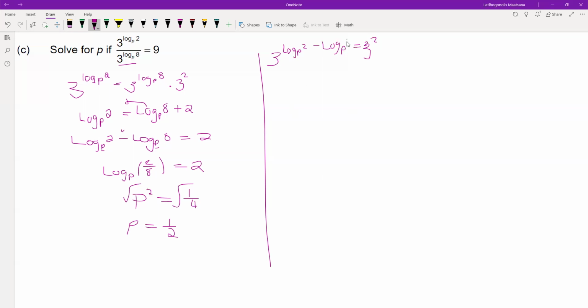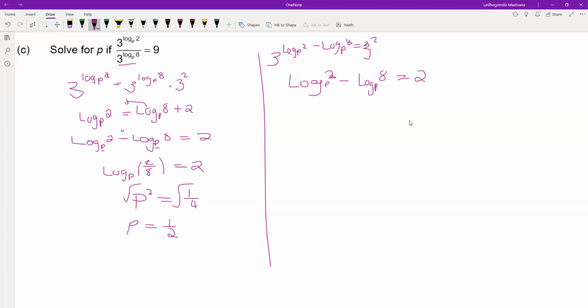Right. Oh, I missed out an 8 there. So once we drop the bases, we'll just have again log base P of 2 minus log base P of 8 is equal to 2.